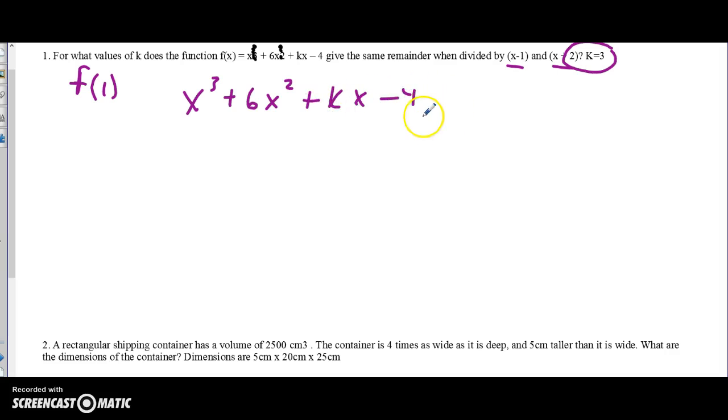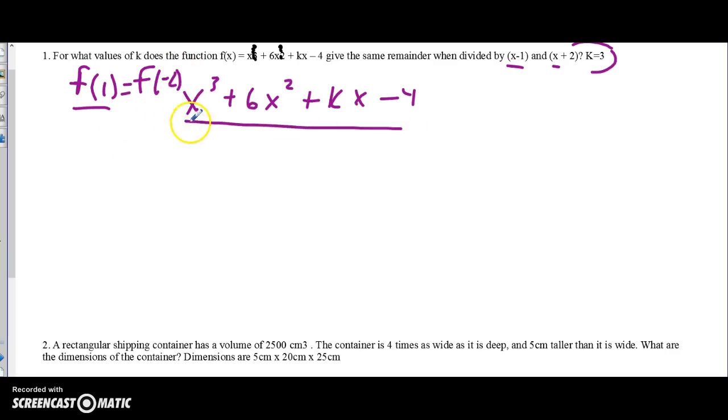I'm going to set f at 1 equal to f at minus 2, because my factors were minus 1 and plus 2. So my roots will be change the sign to plus 1 and minus 2. I'm going to set them equal to each other.